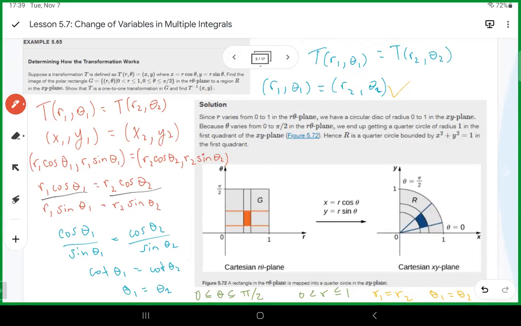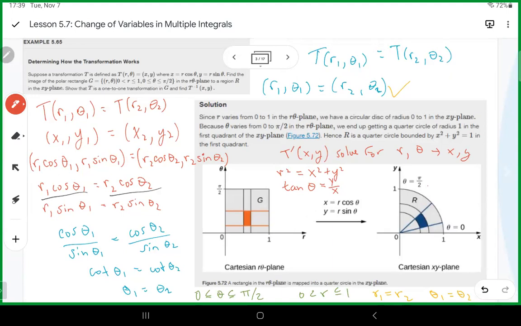So we know that R squared equals x squared plus y squared, and tangent theta equals y over x.